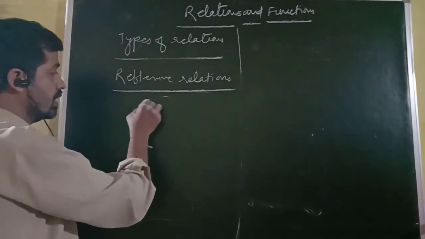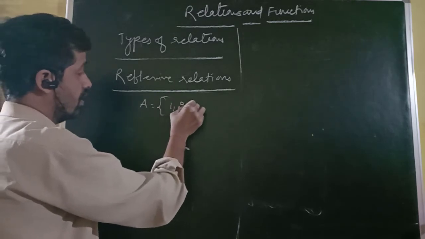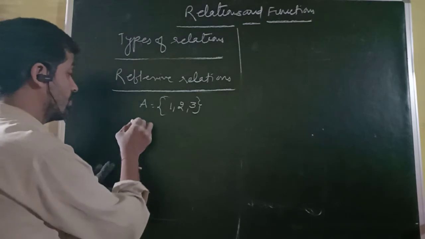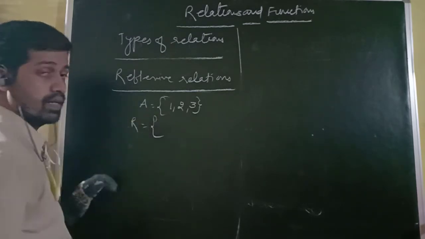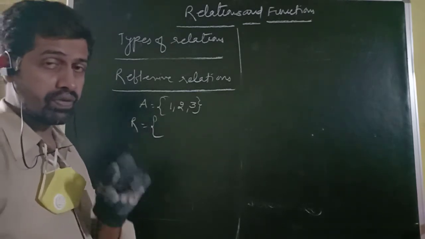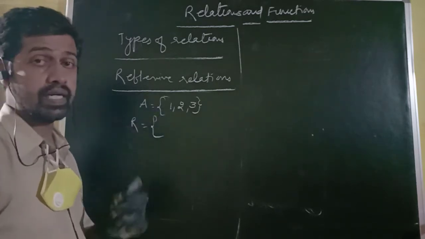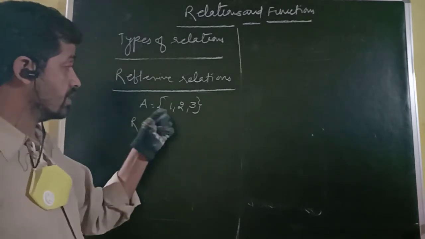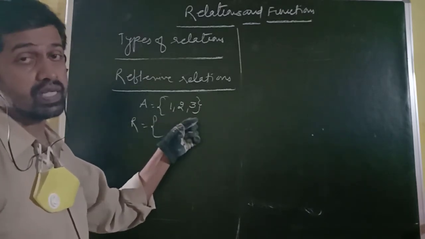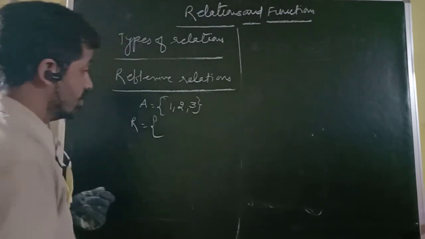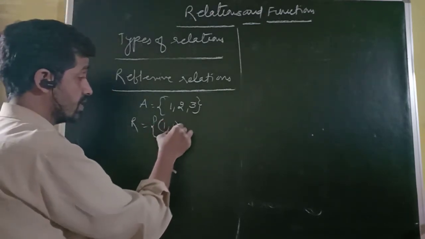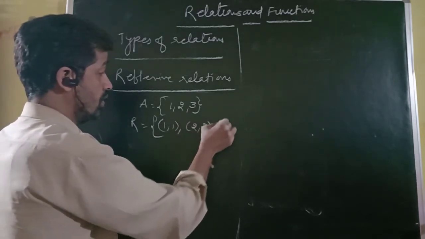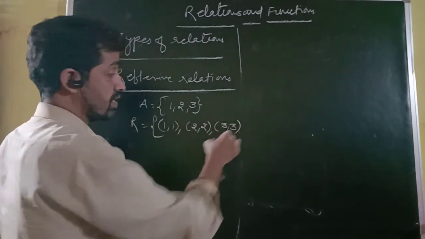Take a set A of 1, 2, 3, and now we define a reflexive relation on this set. When we define a reflexive relation on a set, it means, as we defined earlier, that each element of this set is related to itself, which means 1 is related to itself, that is 1, 1, 2 is related to itself, that is 2, 2, 3 is related to itself, that is 3, 3.